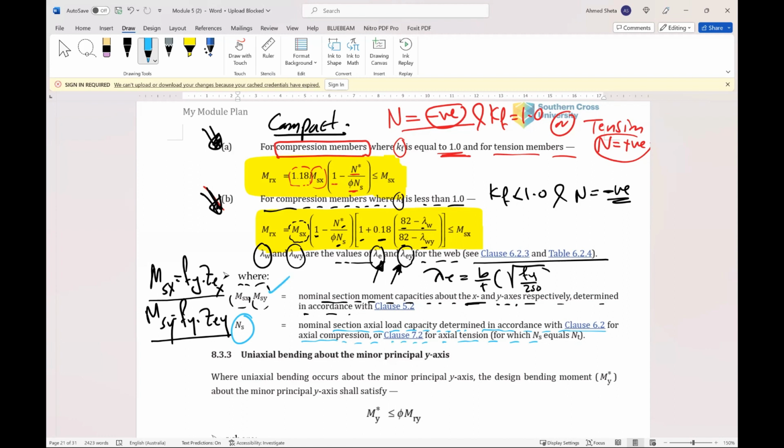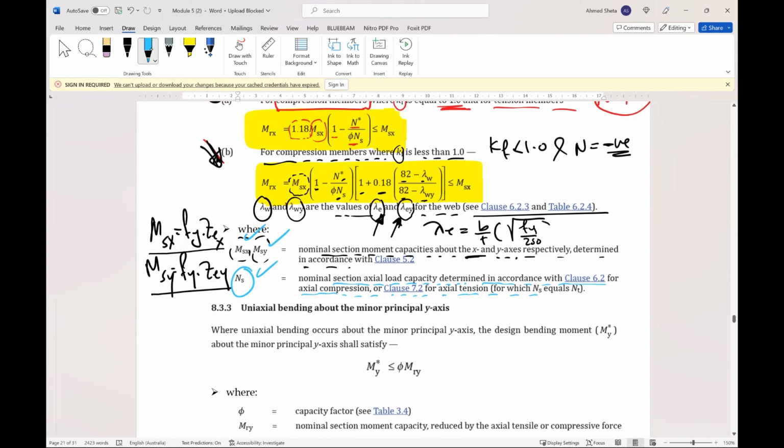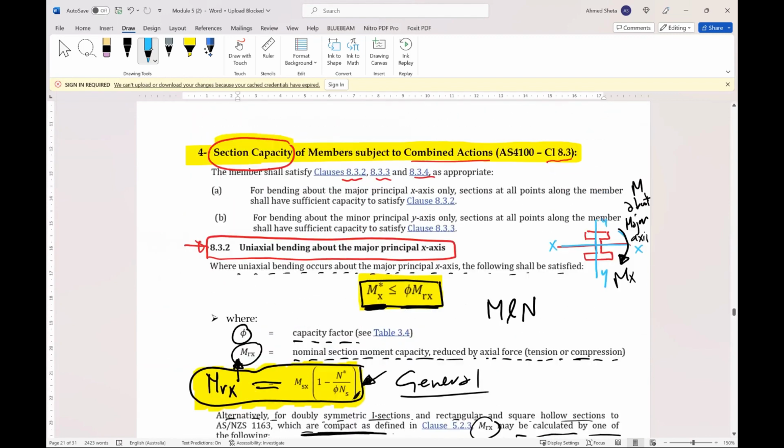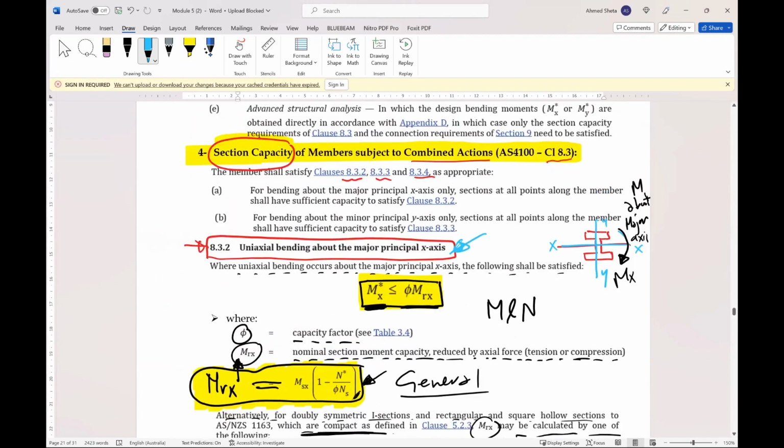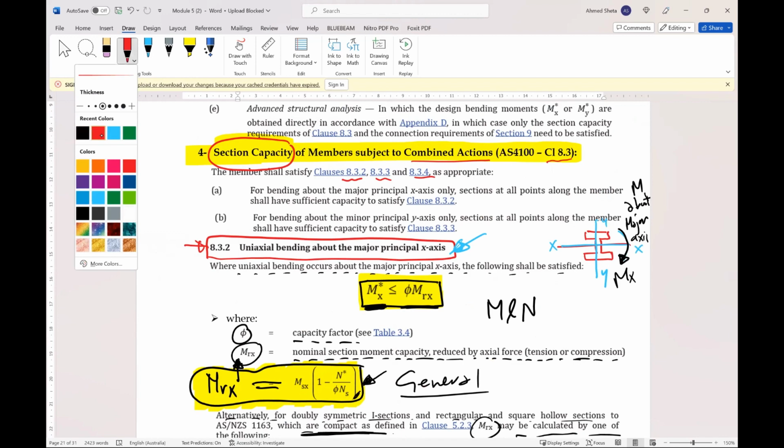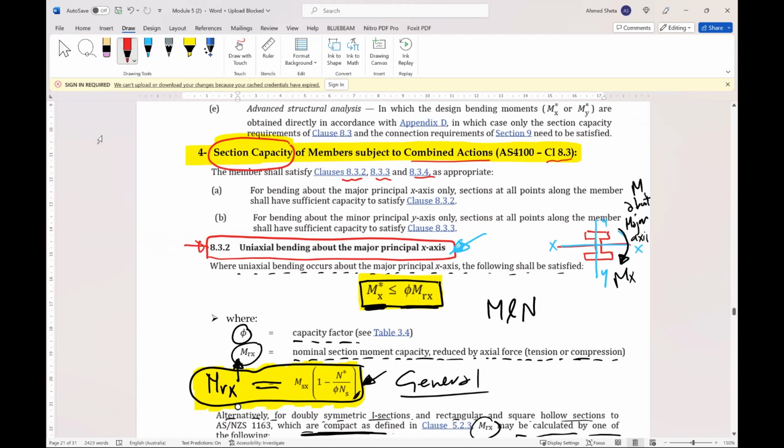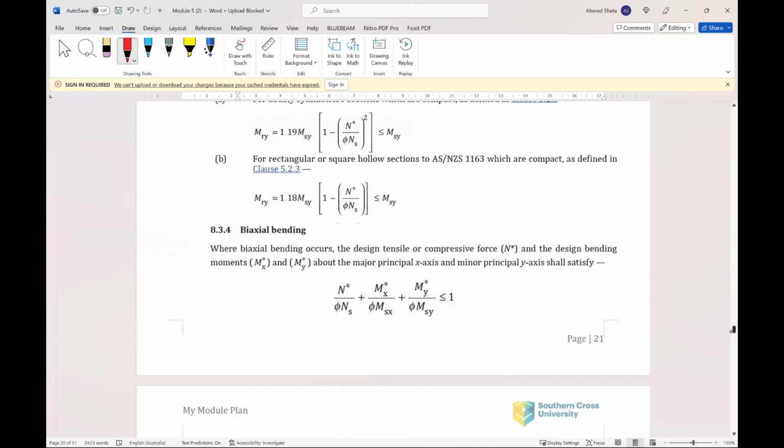All these are values from previous lectures, because this lecture is a combination of compression members and bending or flexural members. So this was for the major axis. The second case is the minor axis, or My.